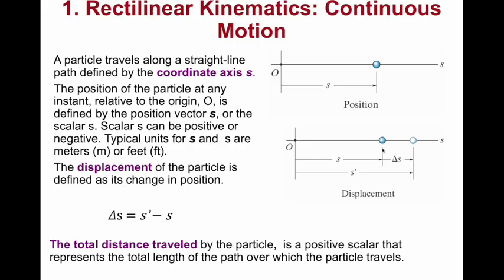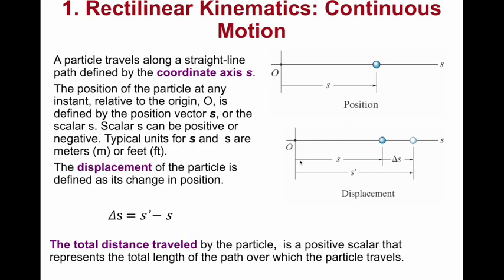If this was the original position of the particle, we call it S, and this is the final position, we call it S prime, then the displacement, so how much that particle displaced from its original position to its final position, we're going to call delta S. So delta S, or displacement, is the final position of the particle minus the initial position of the particle. The total distance traveled by the particle is a positive scalar that represents the total length of the path over which the particle travels.